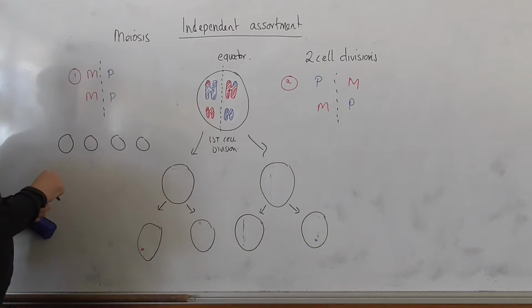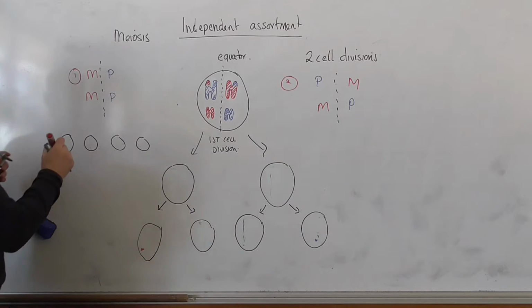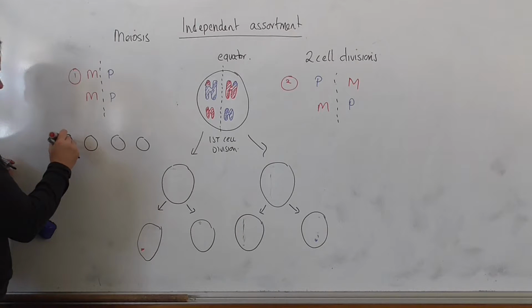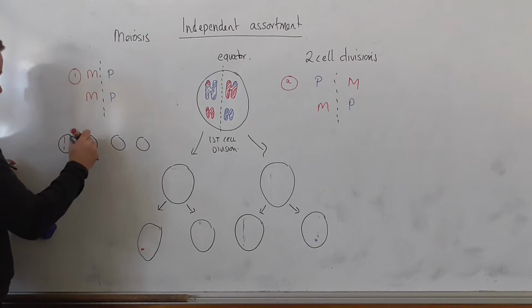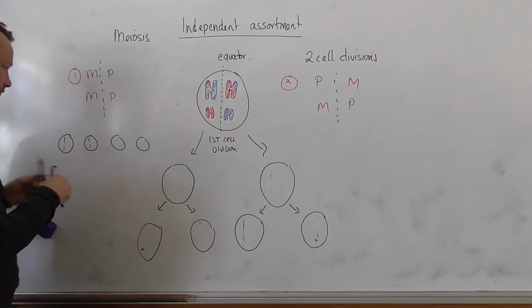is a cell that looked pretty much like, I'm not doing it as the little things because I don't have space, but just remember that they did look like little sausages before.